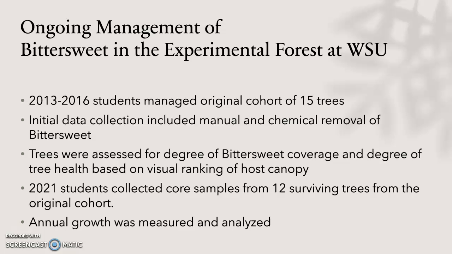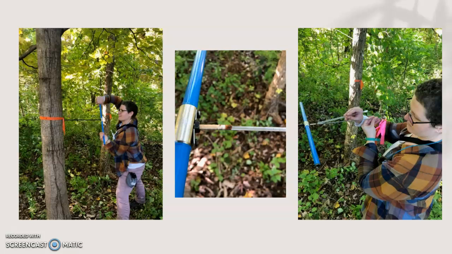Of the 15 trees of the original cohort, only 12 samples are surviving. And core samples were taken to analyze the growth since the removal of the bittersweet and before the bittersweet removal.